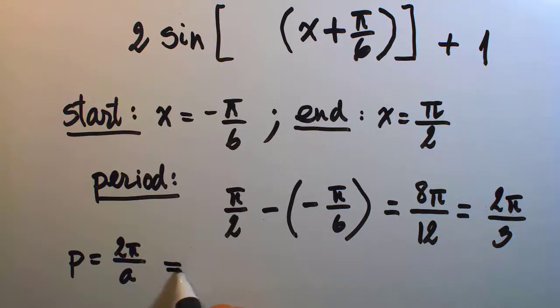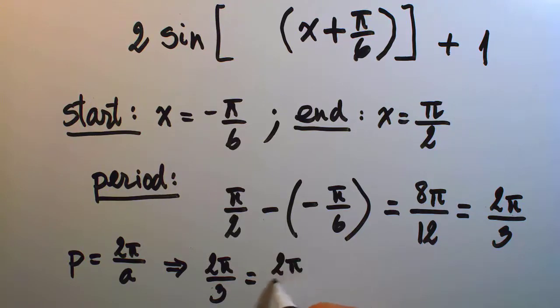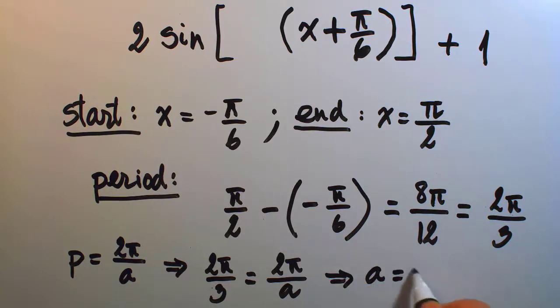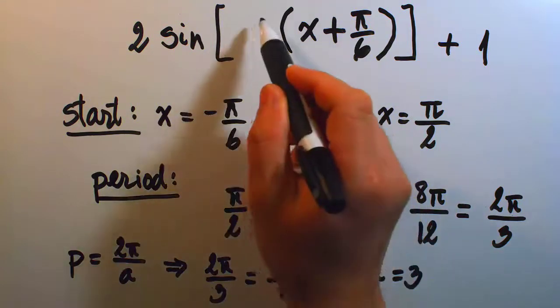Then 2 pi over 3, our calculated period, equals 2 pi over a, which after solving for a leads to a equals 3. And that number is going to fill in for our function.